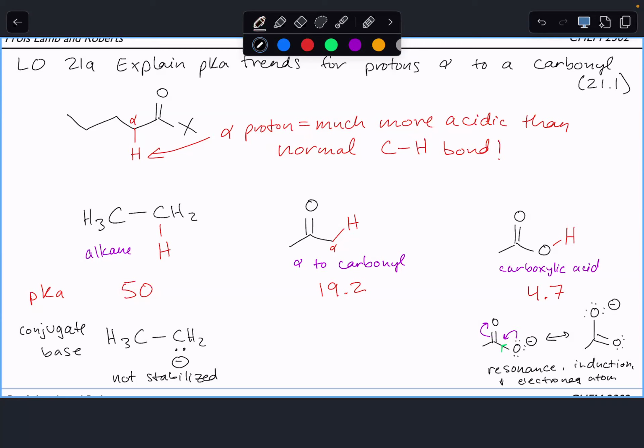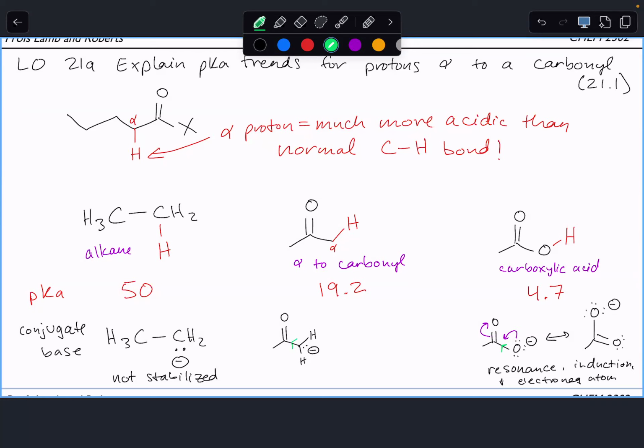So let's think about why that is. Let's draw our conjugate base. So if I were to pull off one of those protons, I still have two more here. And I could put a lone pair and a negative charge, right, in that alpha position. So similar to the carboxylic acid, we have that electron withdrawing group kind of right next to it.